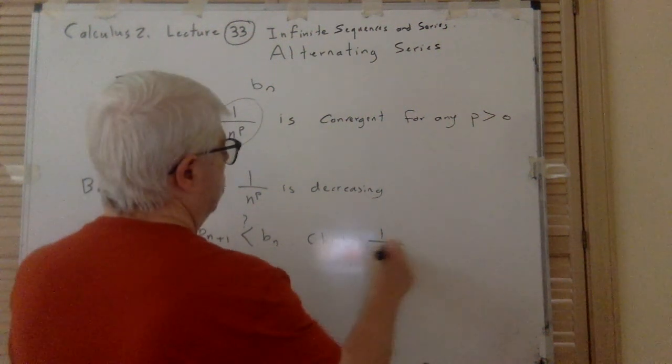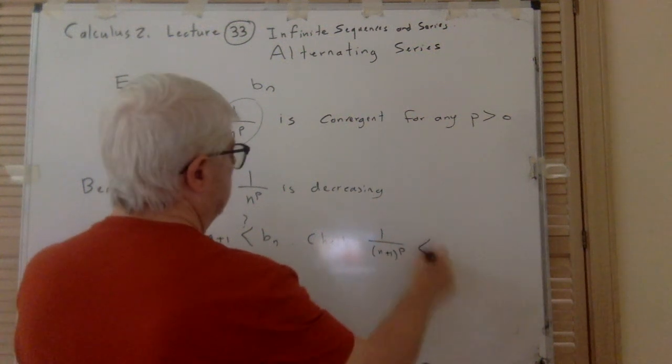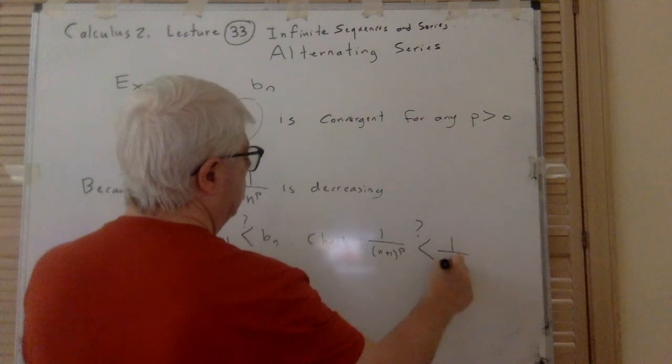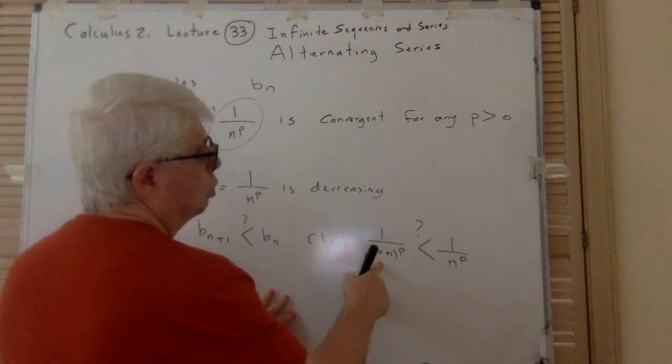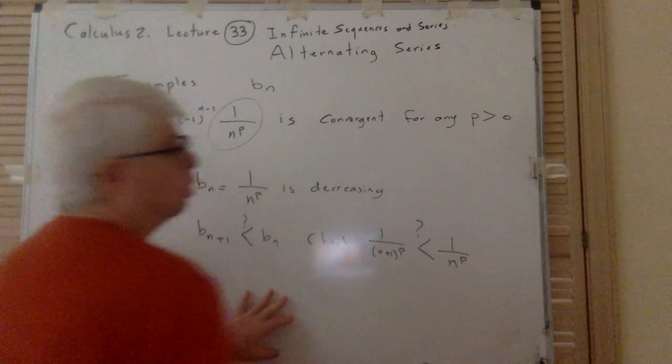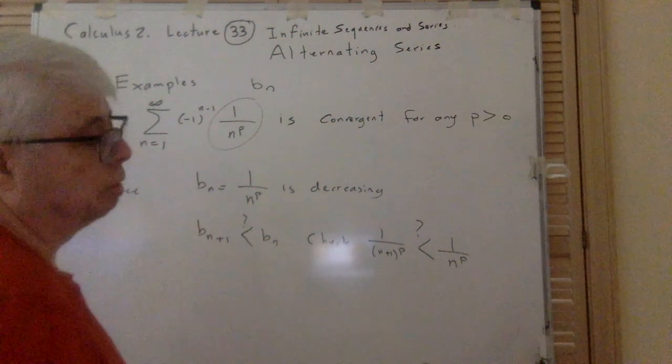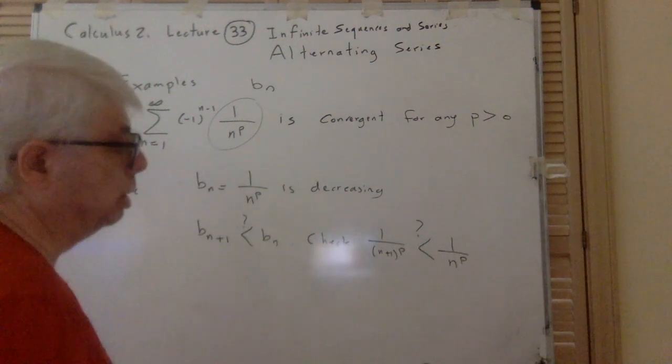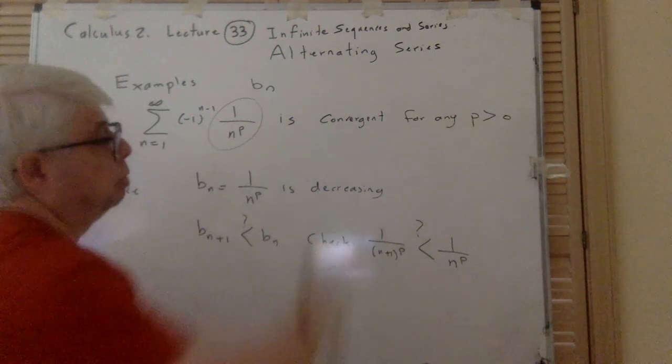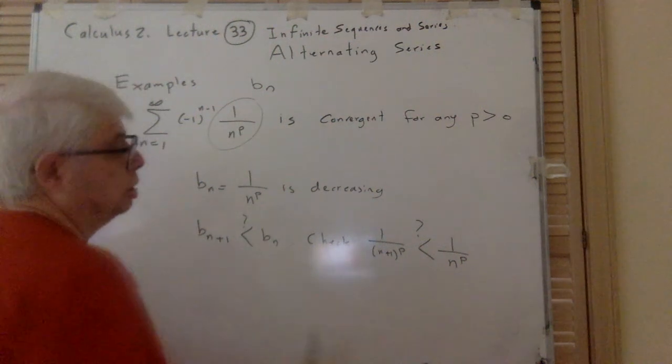Is 1 over (n+1) to the power p less than 1 over n to the power p? Yes, because 1 over n plus 1 is less than 1 over n, and raising it to any power bigger than 0 doesn't change this inequality.